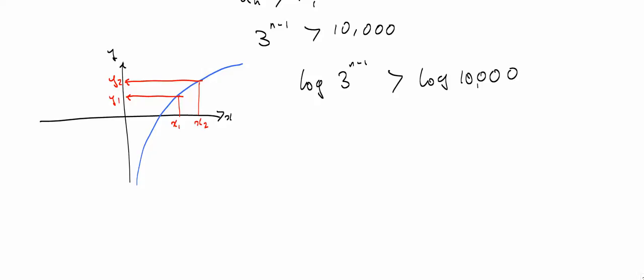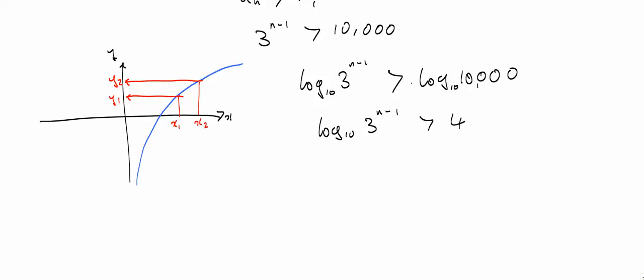The best base to use here, if it's 10,000, would be base 10, but it's true for any base. If in this case we use base 10, the logarithm of 10,000 is in fact 4. So the logarithm of 3 to the n minus 1 is greater than 4.